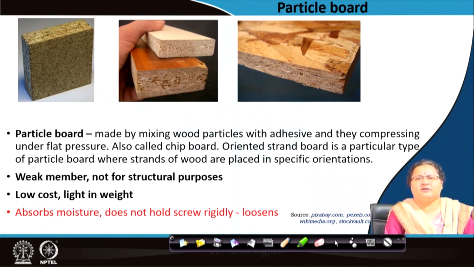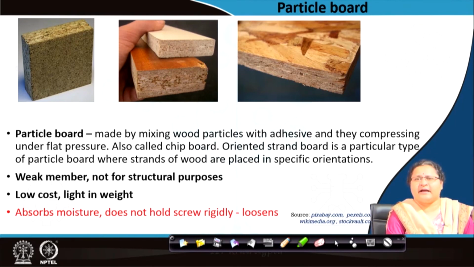These are weak, not for structural purposes, but as a filler wall, as a thermal insulator. Because of the addition of adhesive, they have improved thermal properties, meaning they give you thermal insulation. You can use them as sound insulators, but remember they absorb moisture.